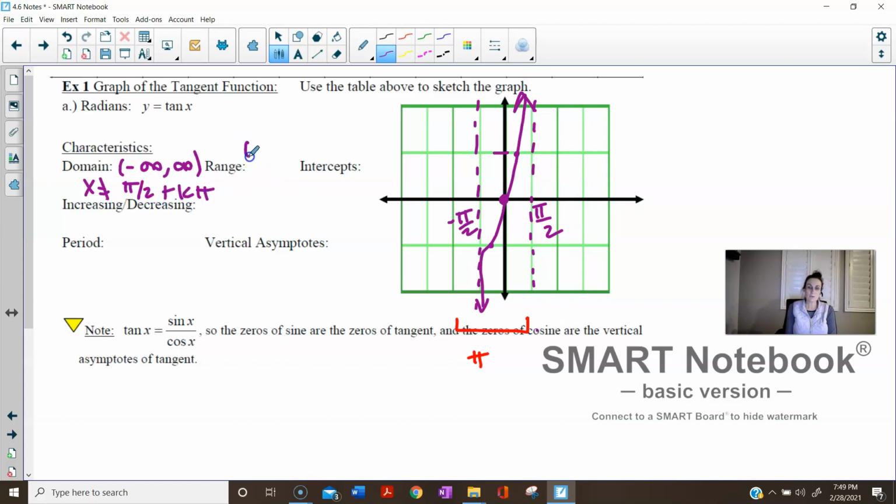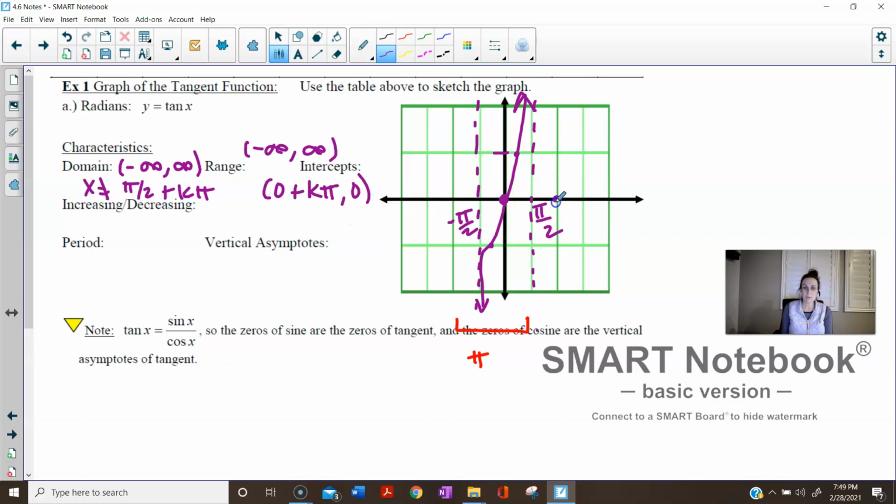The range goes low and high forever, from negative infinity to infinity. The x-intercept is at 0, plus that happens every pi units, so every k pi, comma 0.